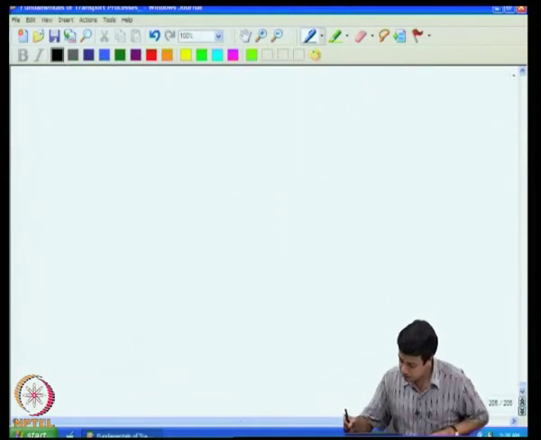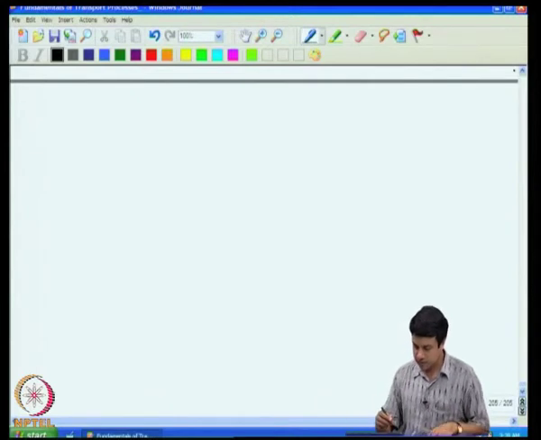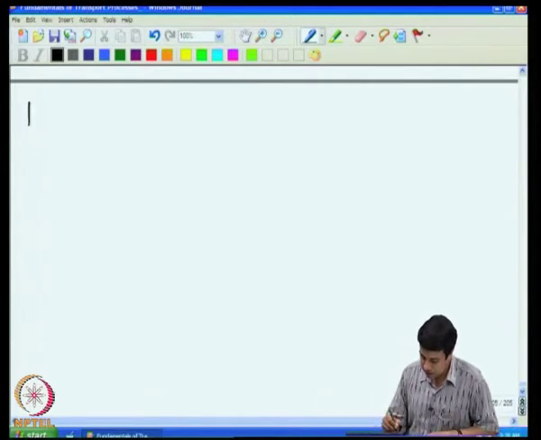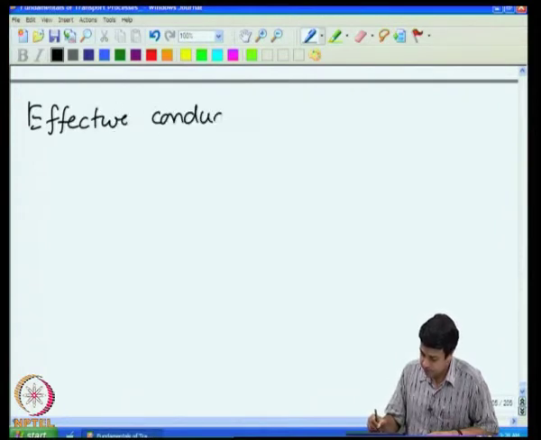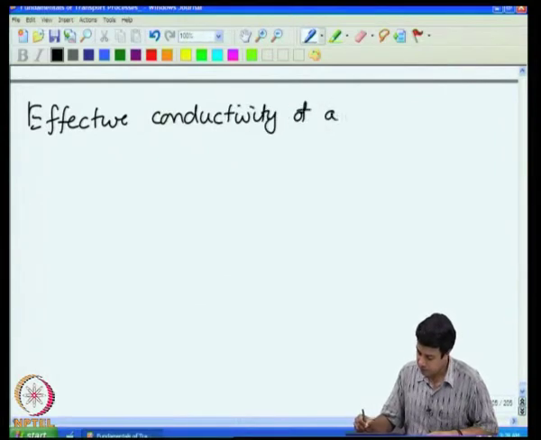Now, let us consider a slightly more complicated example, that is the effective conductivity of a composite.